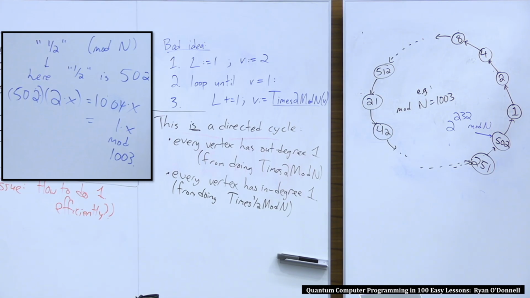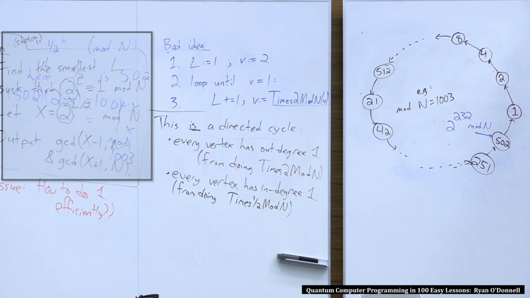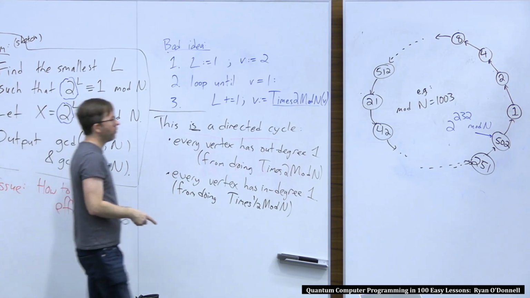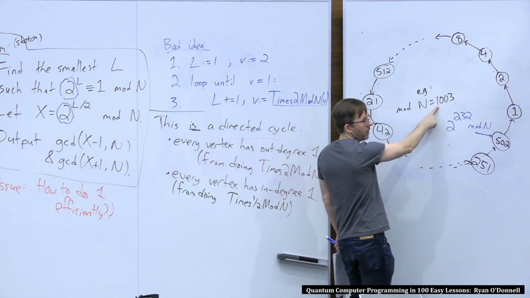I'm doing everything wrong here. So when you do mod 1003, the opposite of doubling is multiplying by 502. Because if you double and then you multiply by 502, it cancels out, or vice versa. And whenever n is odd, which it is, there will always be some number such that multiplying by it is the opposite of doubling. In fact, it's easy to figure out what it is. It's just half of 1 plus this number.